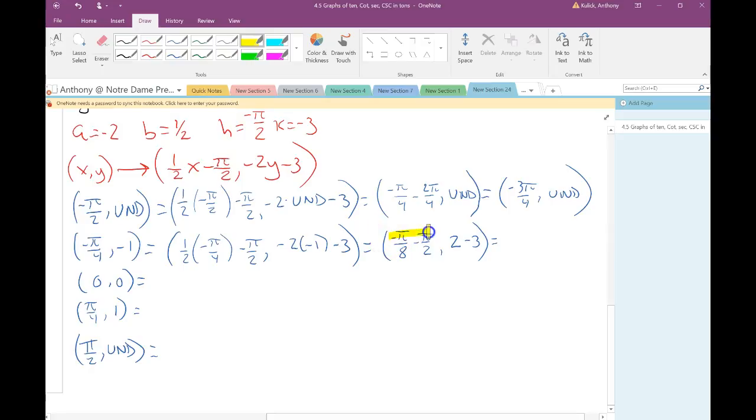Now to add these together, what do I need to have? What will that common denominator be? It will be 8. So I'll multiply this second fraction by 4 over 4. So I'll really have 4 pi over 8. On to my next one.